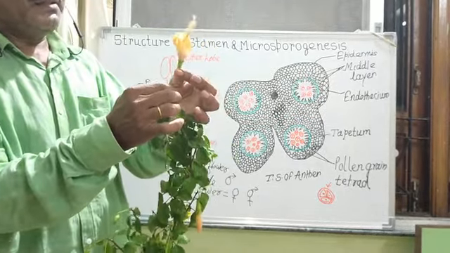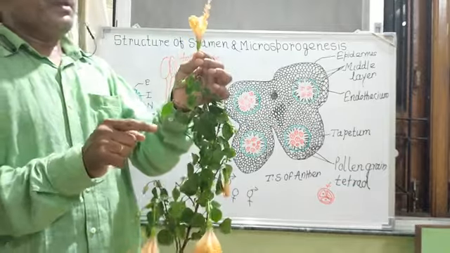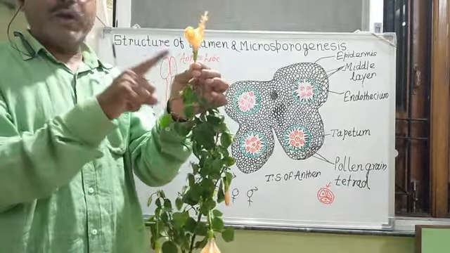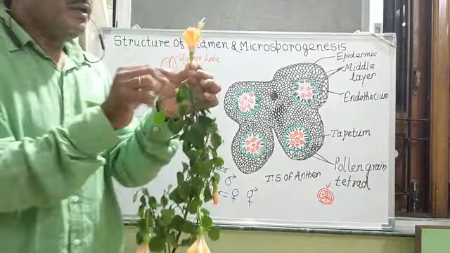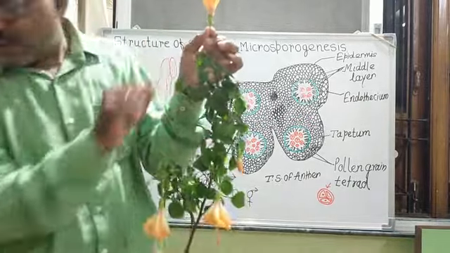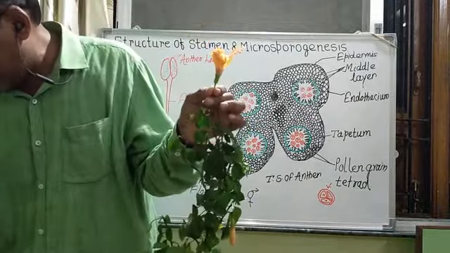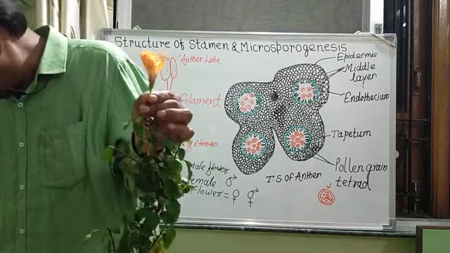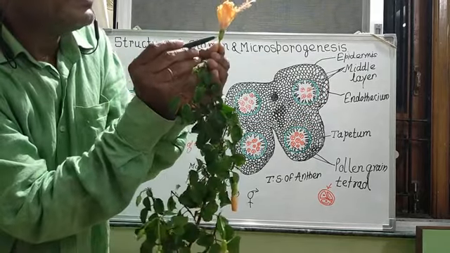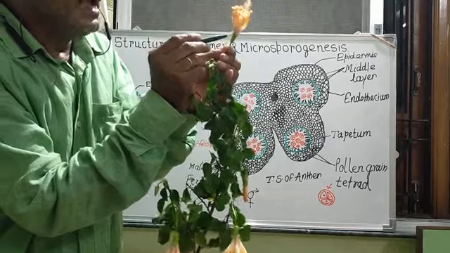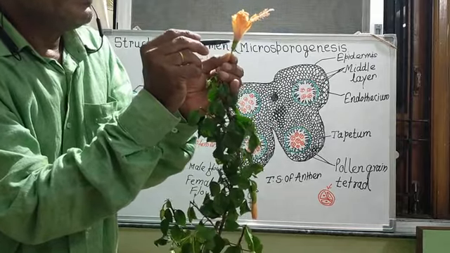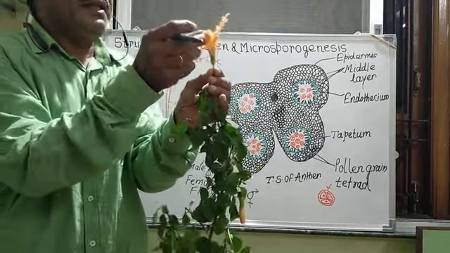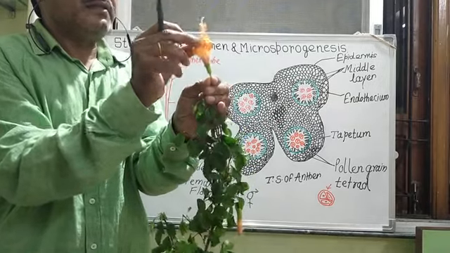This is Hibiscus rosa-sinensis belonging to the family Malvaceae. Therefore, it has an epicalyx. This is the epicalyx, and this green portion is the calyx. And these are the colored petals.